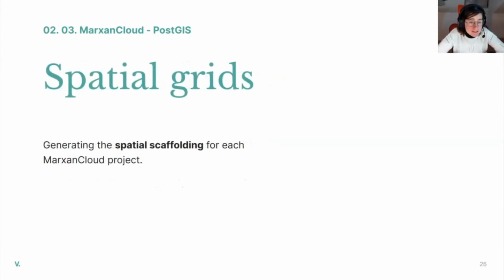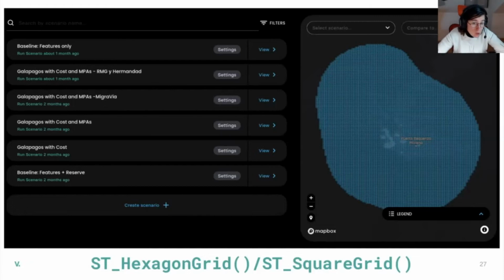Spatial regular grids based on selected area in Marxan are the backbone for the spatial analysis and later for the Marxan solver. We are using the functions that the latest version of PostGIS provides in order to generate them. Also, we allow users to upload their custom grids, which we validate.